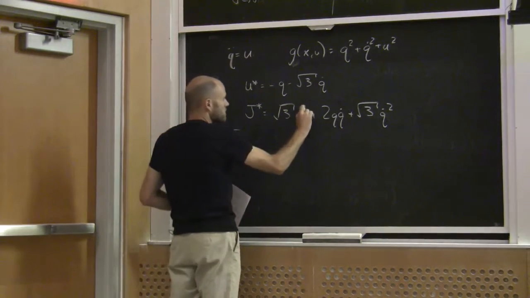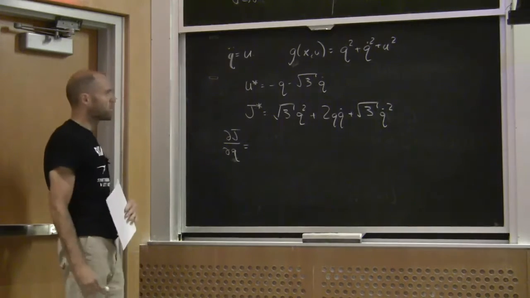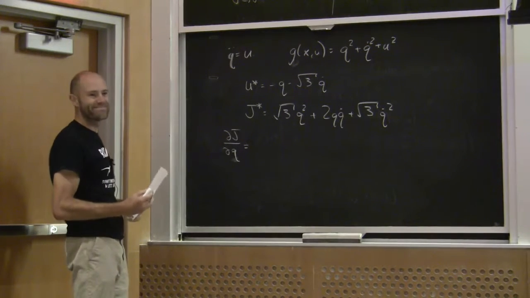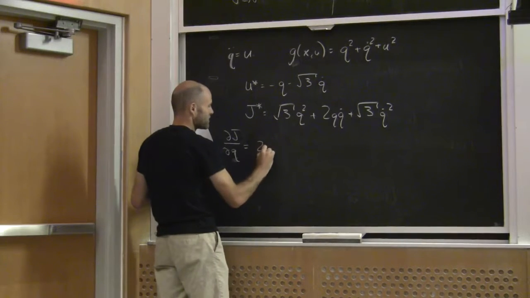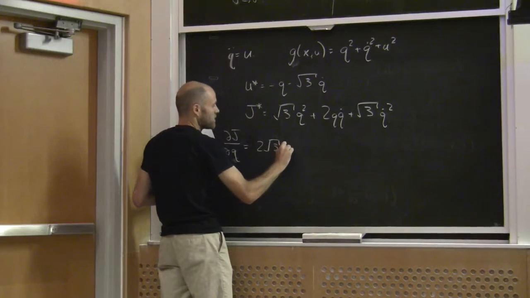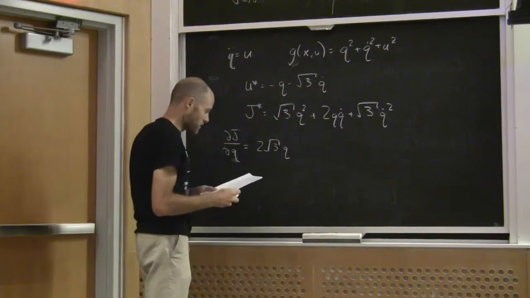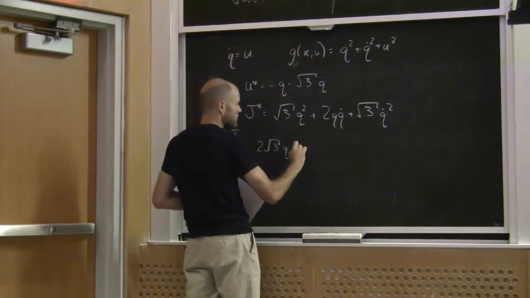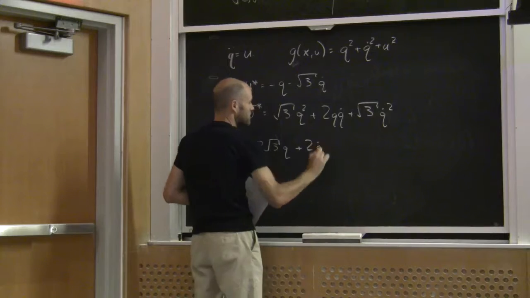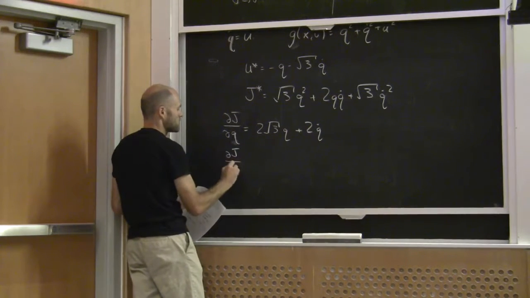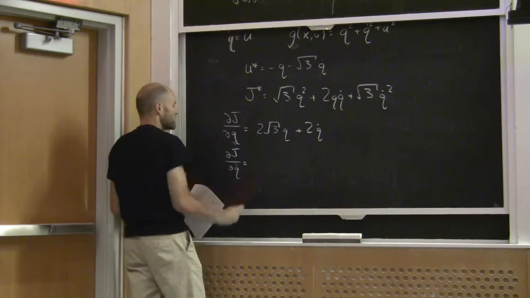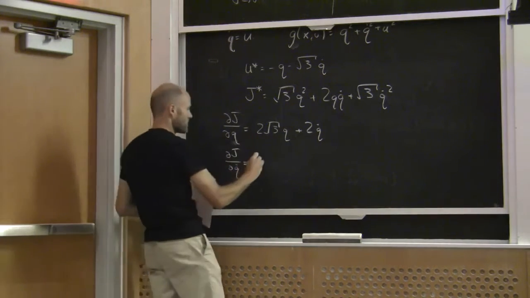Oops, I missed a square. That's important. Okay, so that's q plus 2q dot, my one derivative. My other derivative is basically the same thing.